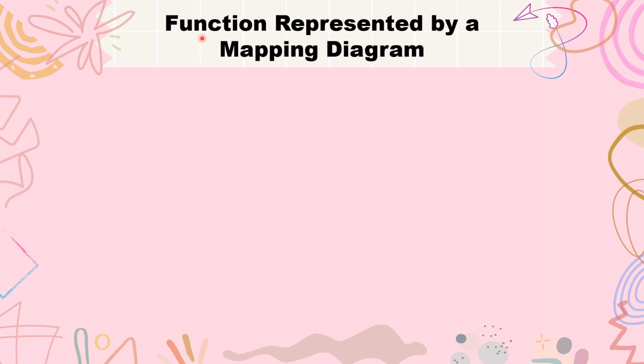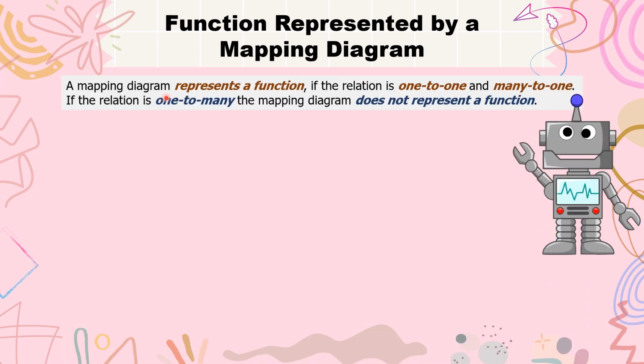Now, let's have function represented by a mapping diagram. A mapping diagram represents a function if the relation is one-to-one and many-to-one. If the relation is one-to-many, the mapping diagram does not represent a function.